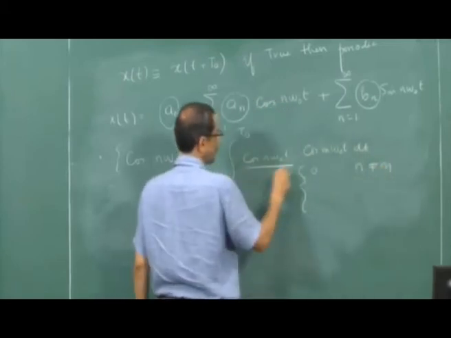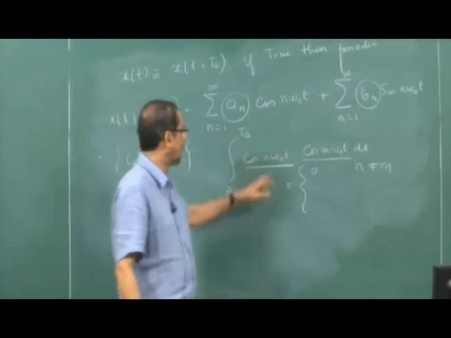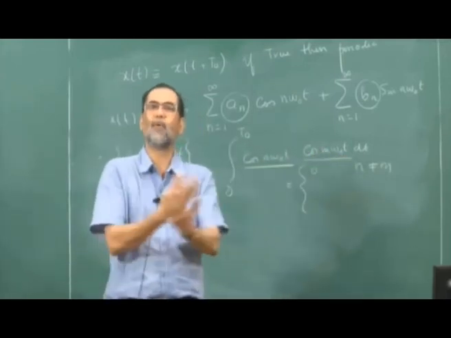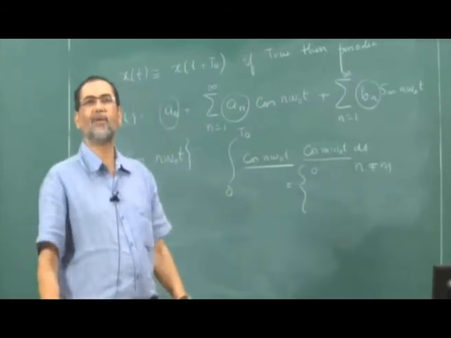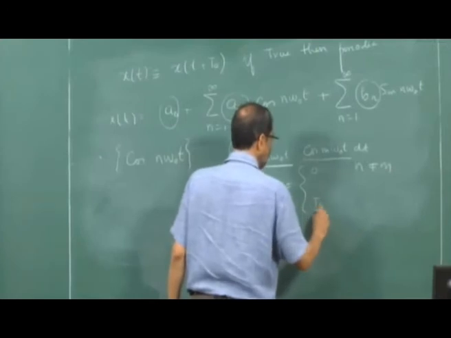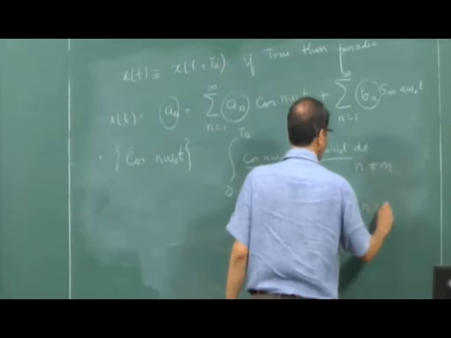So I have cosine n omega naught t here and cosine m omega naught t here; as long as n and m are distinct, the product will integrate to 0, and that will be equal to T naught by 2 if n is equal to m.